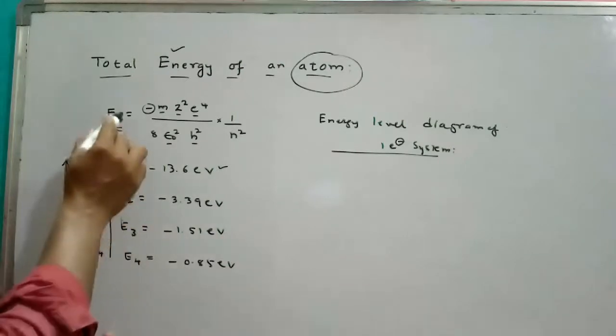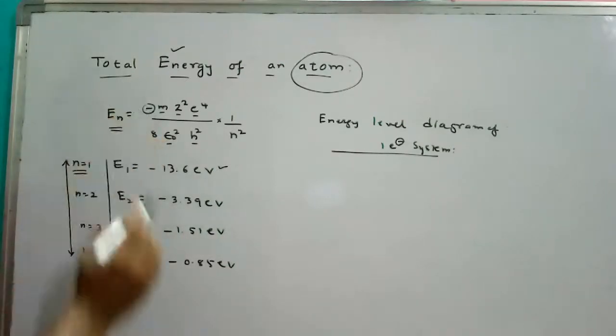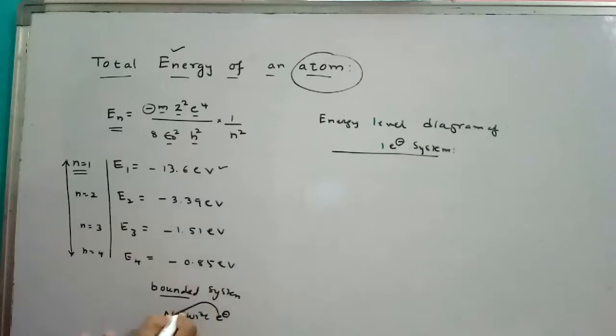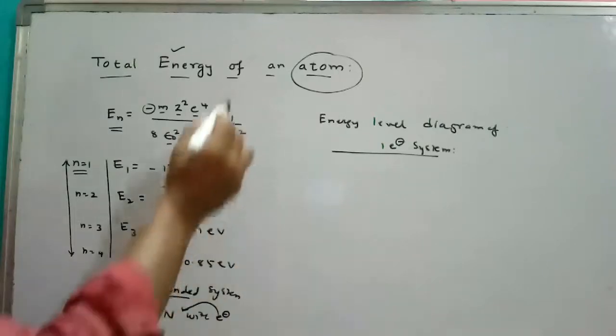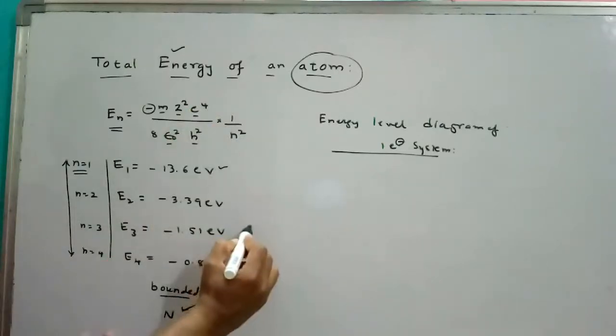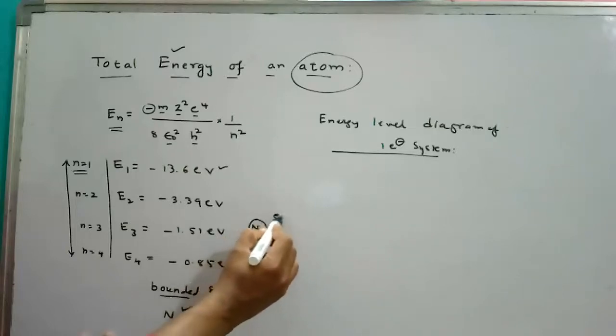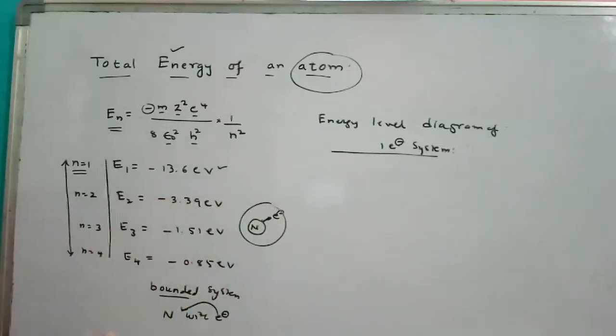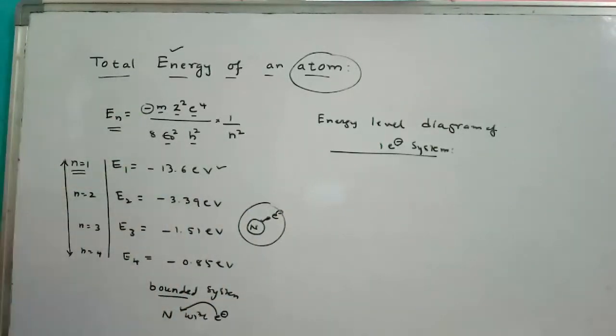Here the total energy is a negative value. That means the system is a bounded system. Bounded system means the electron is bound with the nucleus because of this negative energy.